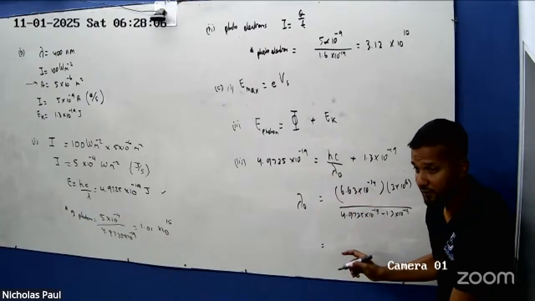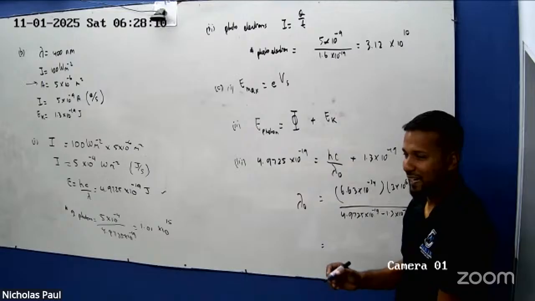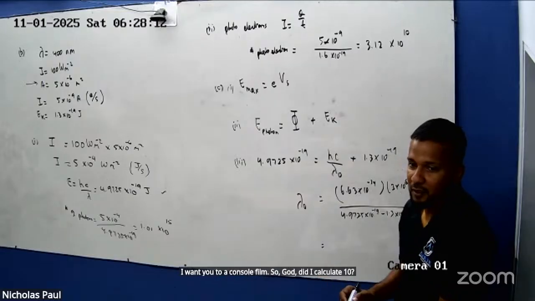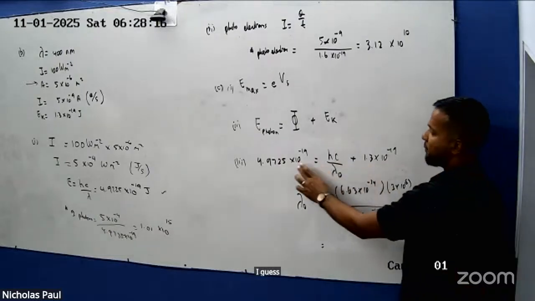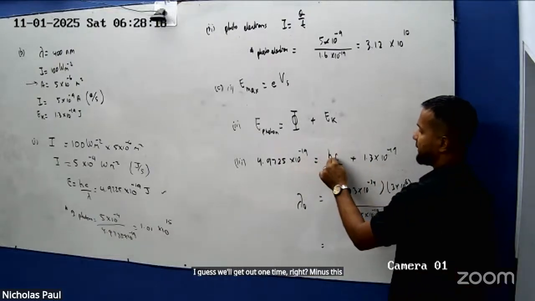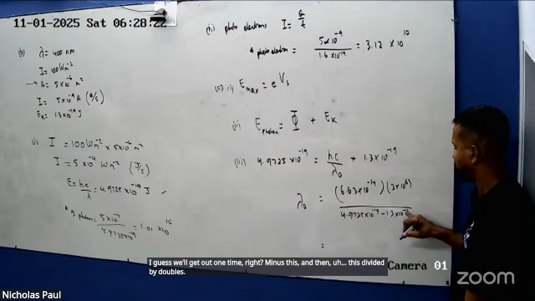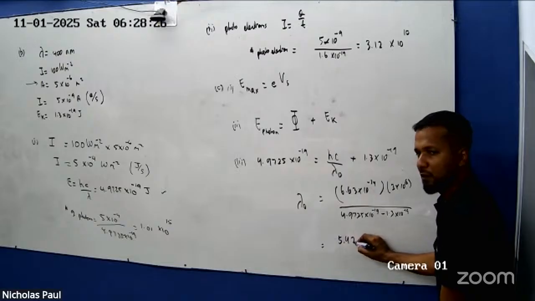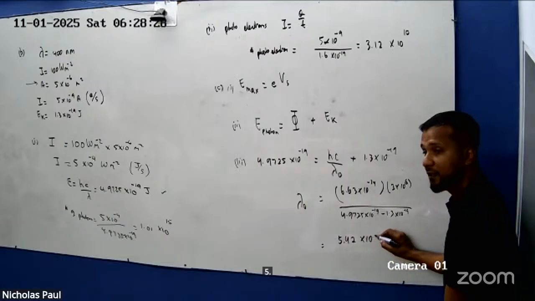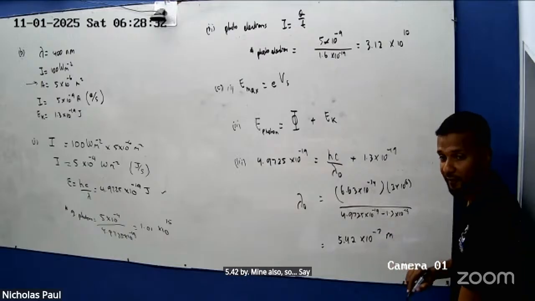How much is that? Calculator. I just work it out one time, right? This minus this, and then this divided by that. It equals 5.42 by 10 to the minus 9.